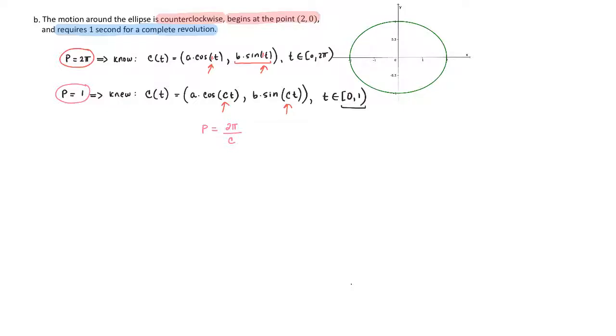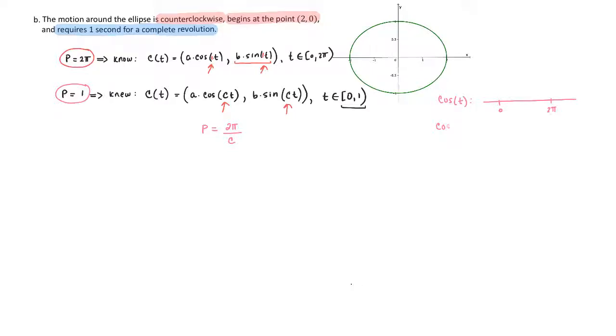And if you don't remember why that is the case, let me give you a quick refresher of why the period is equal to 2 pi over c. It's definitely worth remembering. If I just have cosine of t, we already went over this, the period is 2 pi, as simple as that.